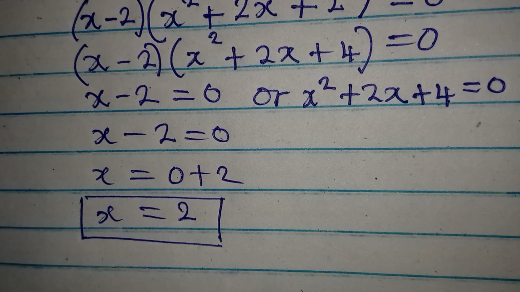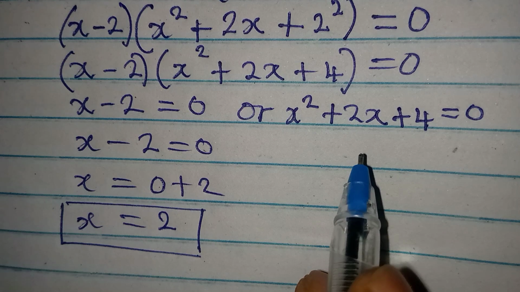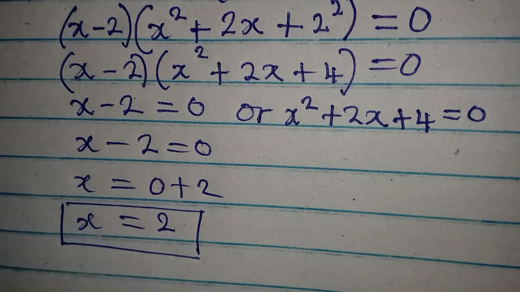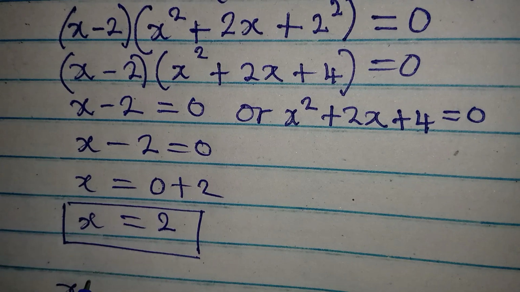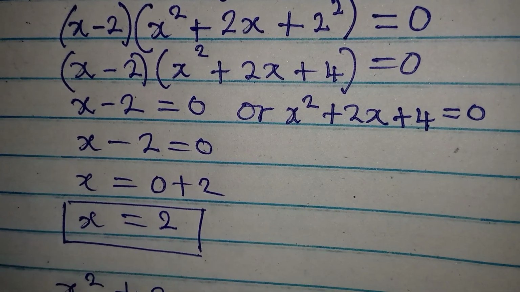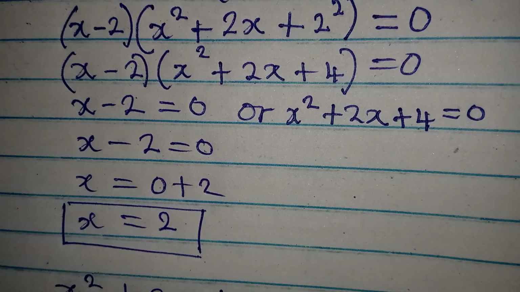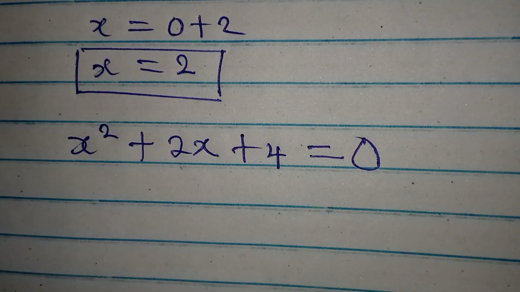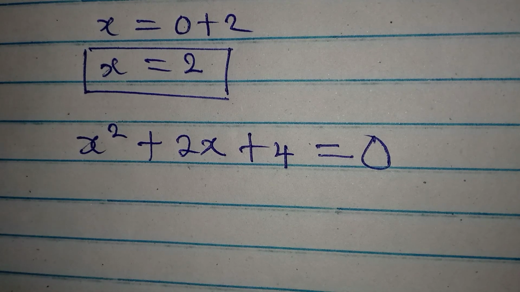But then we can go back to the quadratic expression there, which is now a quadratic equation, and we will solve it. So we have x squared plus 2x plus 4 equal to 0. This is it over here. We can now apply the formula method to deal with this, right?